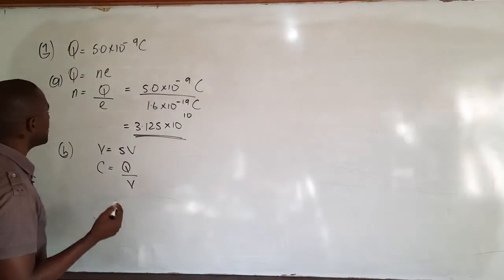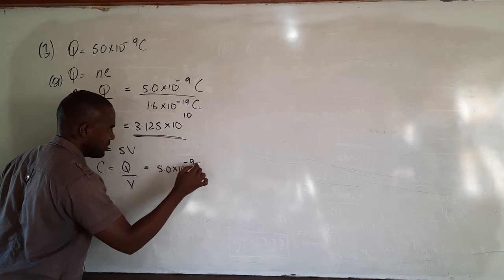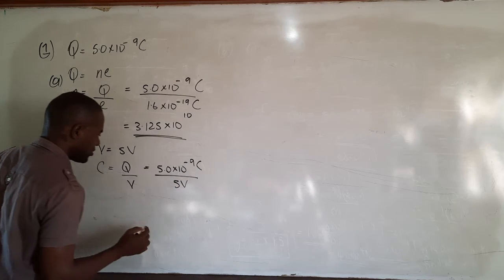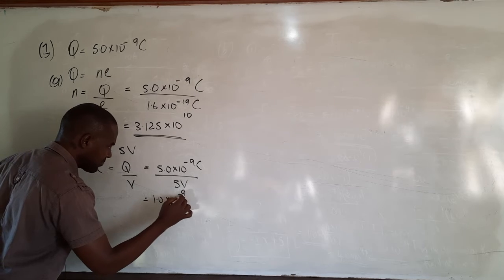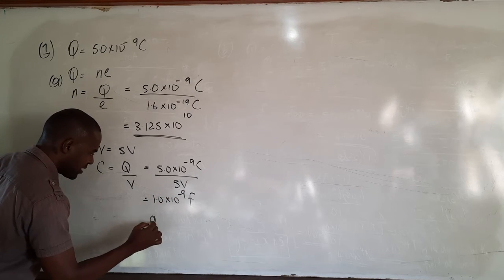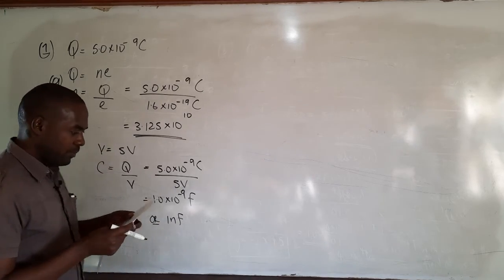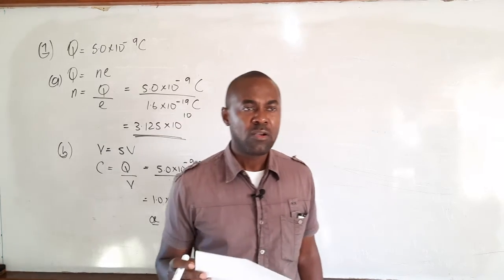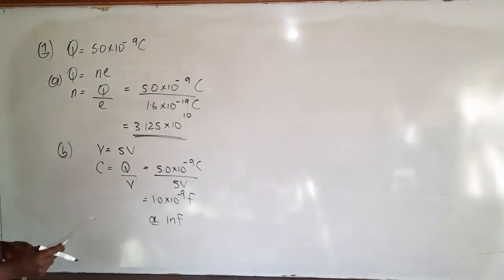Therefore this gives us 5.0 times 10 to the minus 9 coulombs divided by 5 volts. So this gives us 1.0 times 10 to the minus 9 farads, which is equivalent to 1 nanofarad. So the capacitance of this capacitor is 1 nanofarad. Good? So that is part B of question 1.